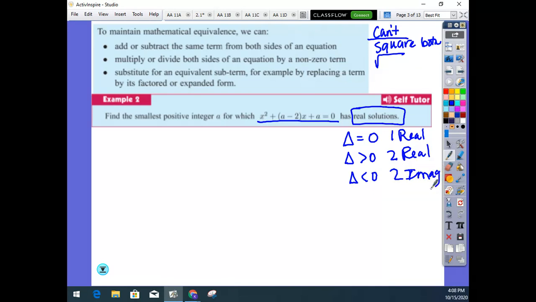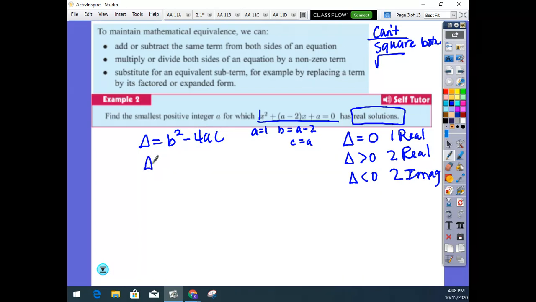So what I'm going to do, I'm going to say A equals 1, B equals a minus 2, and C equals a. I'm going to use the coefficients of my x, and I'm going to use my discriminant, B squared minus 4AC.